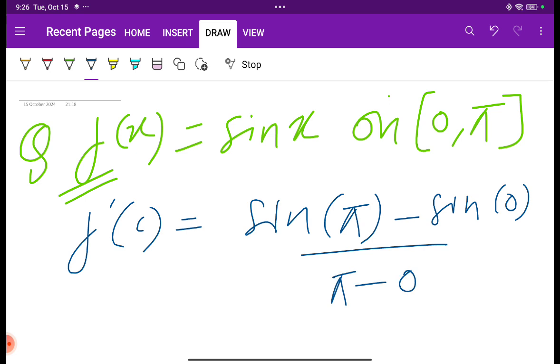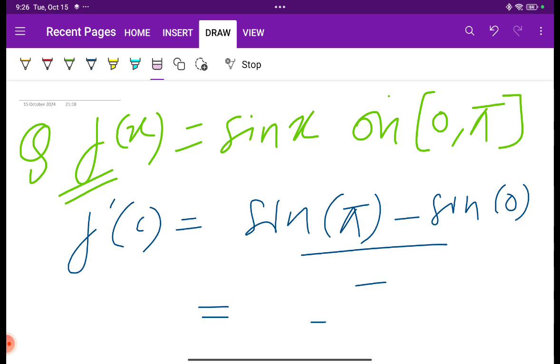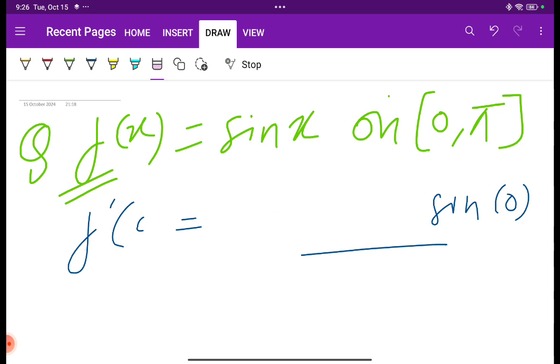So it comes to be, as we know, sin pi, which means sin 180, is 0, and sin 0 is also 0, so 0 divided by pi is equal to 0. f'(c) is equal to 0. But our objective is to find c.